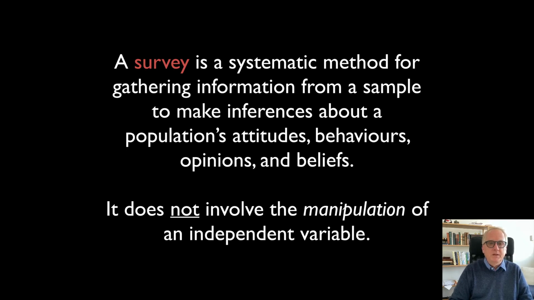So in a survey, we don't manipulate independent variables. We save that for experiments, or at the very least a quasi-experiment. So if our survey actually does have something where we used random assignment to put people in one condition versus another, then our survey isn't really a survey, it's actually an experiment. So in today's lecture, we're really focusing on when we gather information about our sample and then try to make inferences about the population from it.